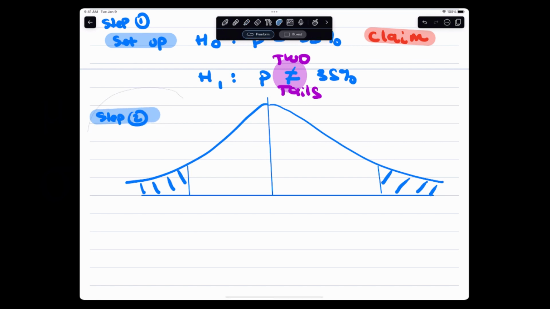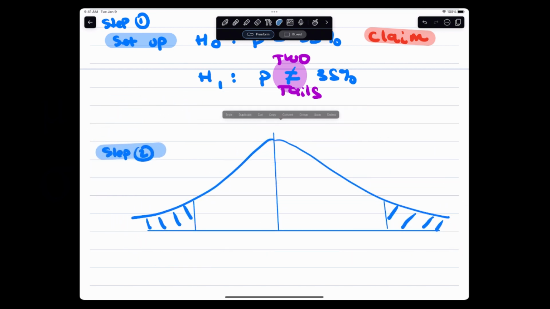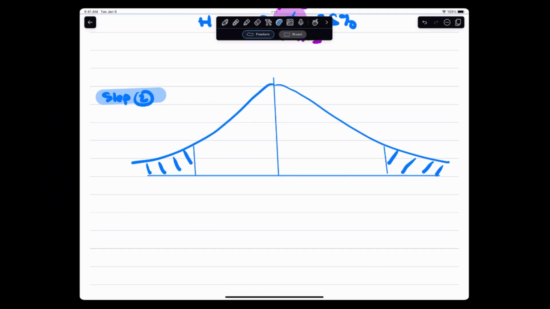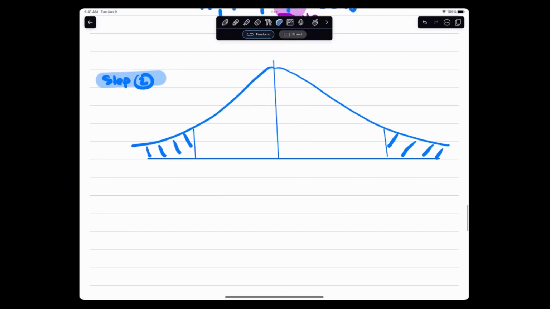So, ladies and gentlemen, in step 2, here's the deal. You see your bell that has 2 tails? The middle portion that's not shaded, you're always going to describe that region as do not reject the null. And then your tails, in this case there are 2, are called the rejection region.